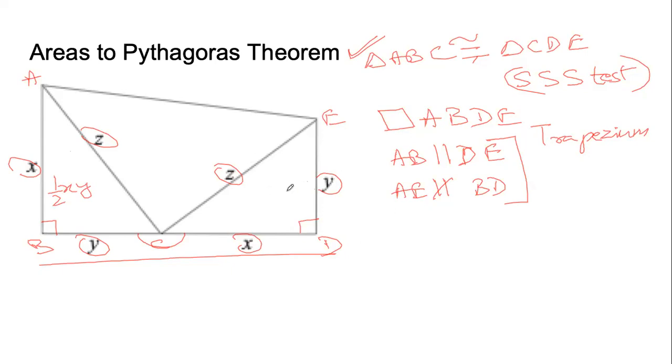Similarly, the area of the right hand side triangle, which is CDE, is 1 by 2. Base is x, height is y. And the area of the triangle ACE, this is also 90. Now this becomes 1 by 2 into z equals 1 by 2 z square.